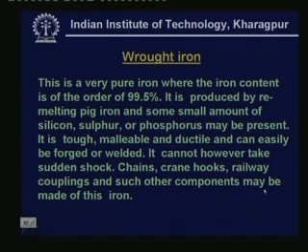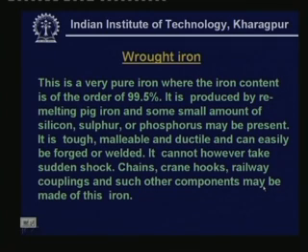That means it can elongate to a great extent when it is in the plastic zone. So, these three properties of wrought iron make it a very good material to be forged or welded.